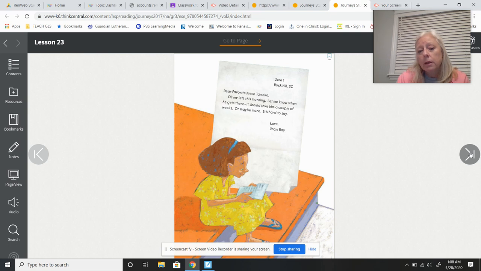So you're going to tell me like the letter to Tamika from Uncle Ray, or the letter from the Claremont sisters, or the letter from one of the other people in the story, and tell me if it's formal or informal. Tell me why you think so. So give me some clue words. What's in that letter that makes you think it's formal or informal?